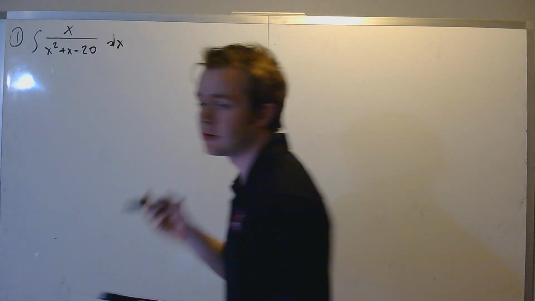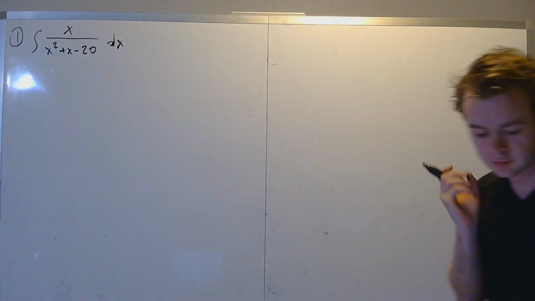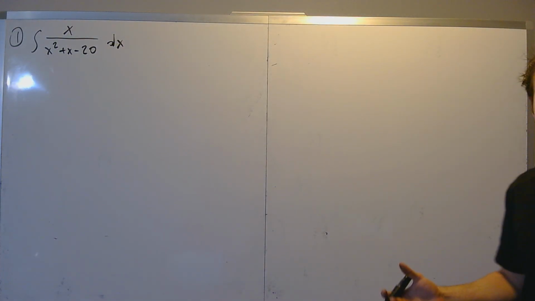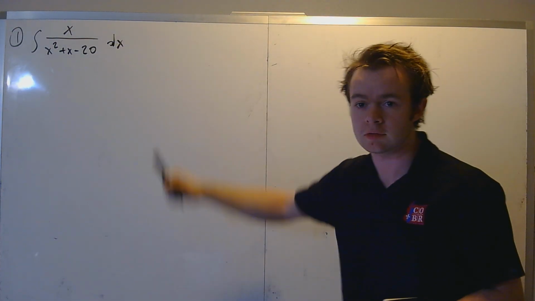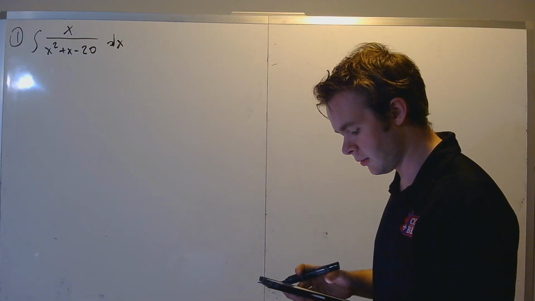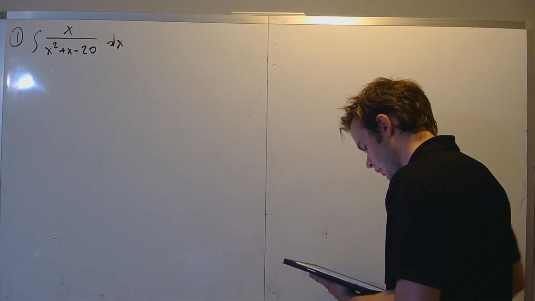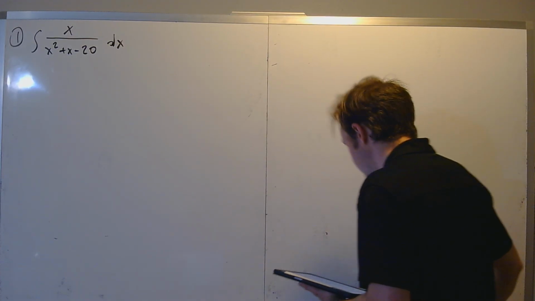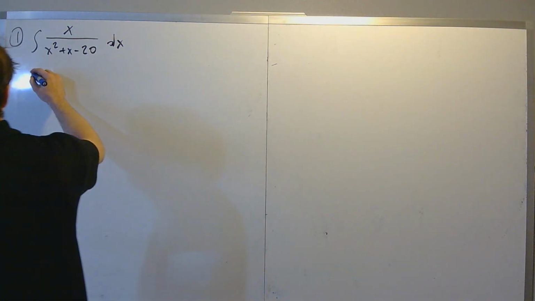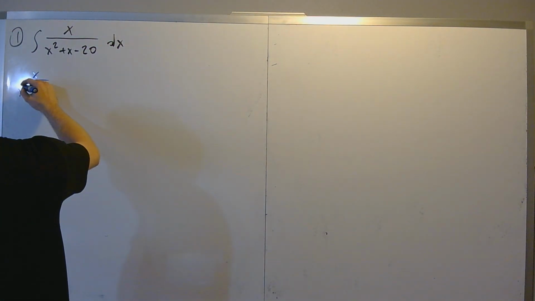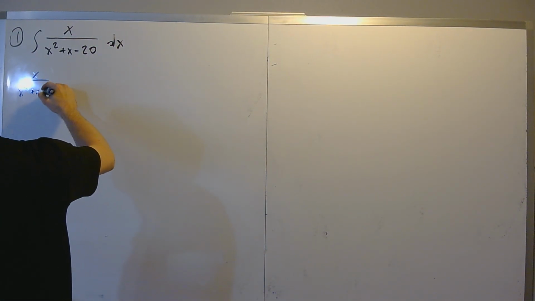Okay, so we're trying to take this integral. And again, we want to use partial fractions to try to decompose this into a simpler thing. So I'll rewrite the fraction that we have: x over x squared plus x minus 20.